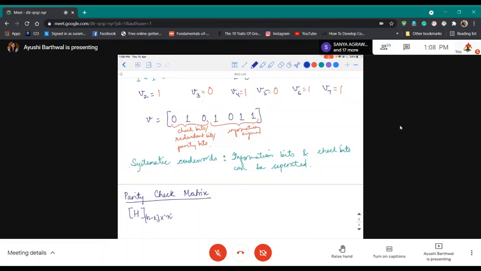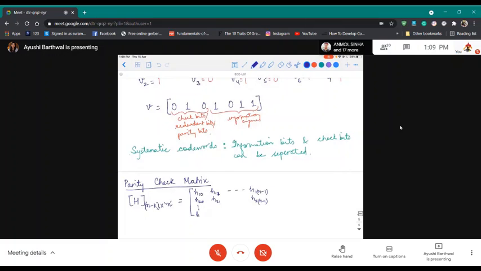So its order is n minus k cross n, and it is denoted in this manner: h10, h11 up to h1 n minus 1, and h20, h21 up to h2 n minus 1, and this will be h n minus k 0, h n minus k 1 up to h n minus k n minus 1.